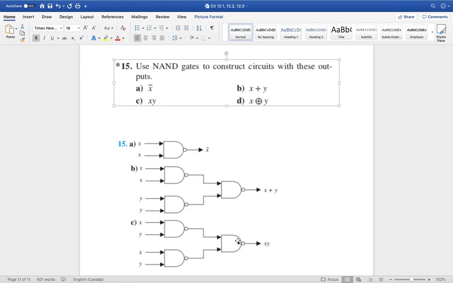So if we want to get the summation or the plus, we have to NAND the same values together. But if we want a dot product of them, then we have to take the different X and Y variables and NAND them together to get XY.